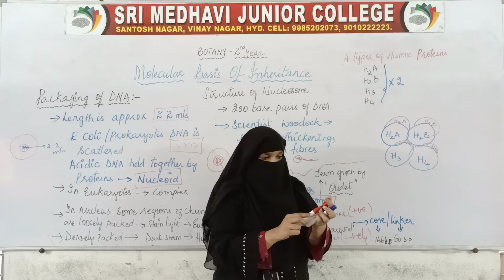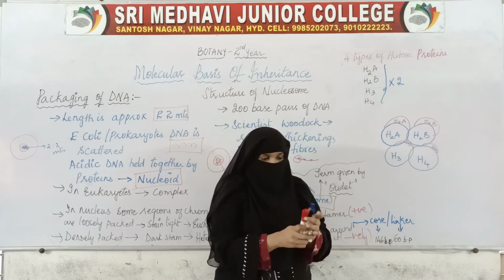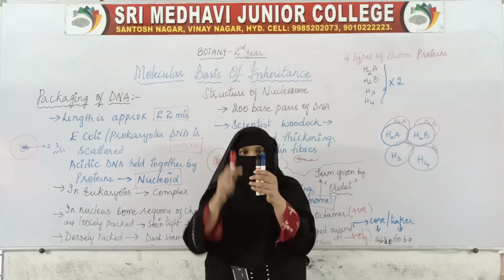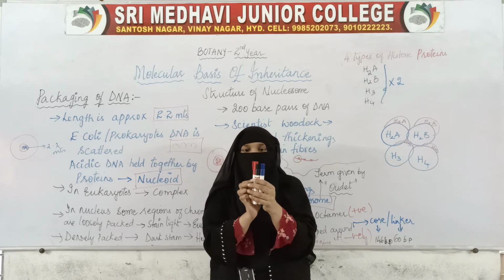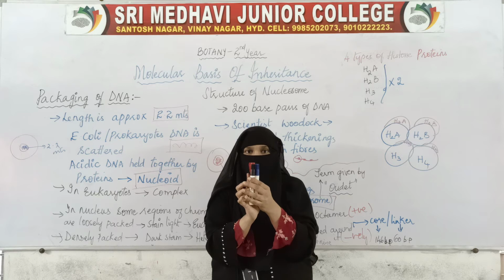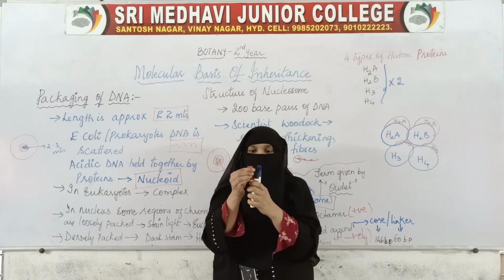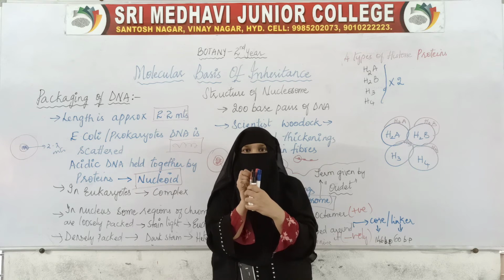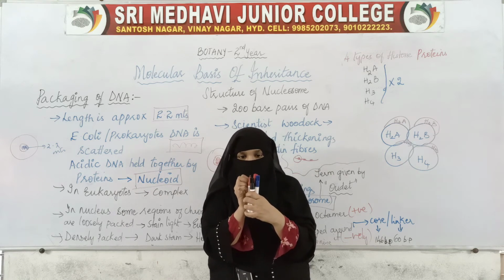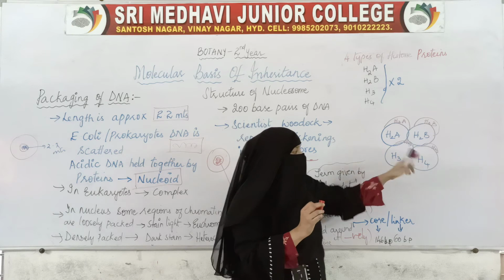For example, if this is H2A, this is H2B. Behind it we find one more H2A, and here one more H2B. So like this, four. Then we have again H3 and H4.